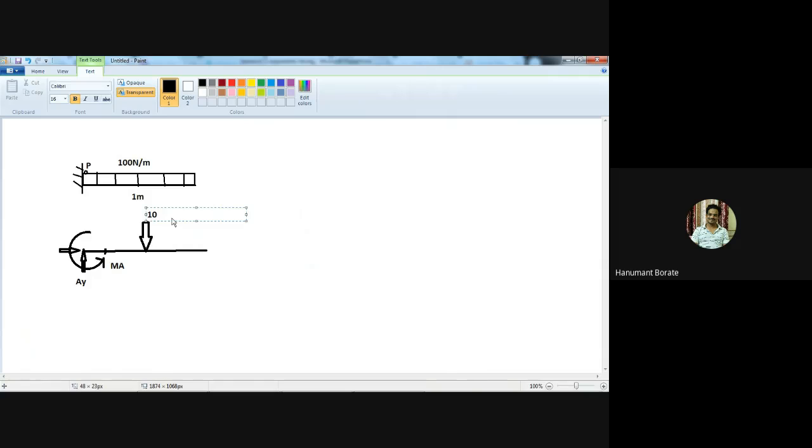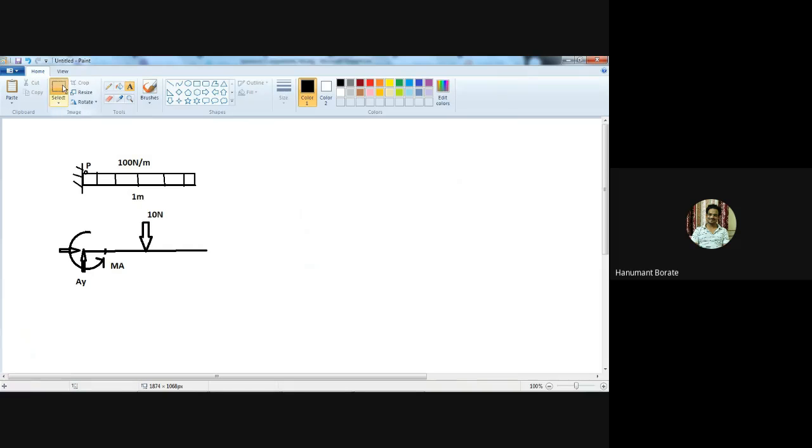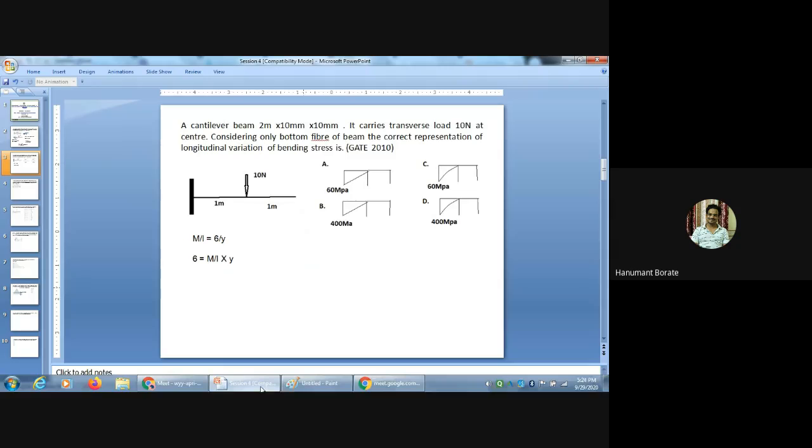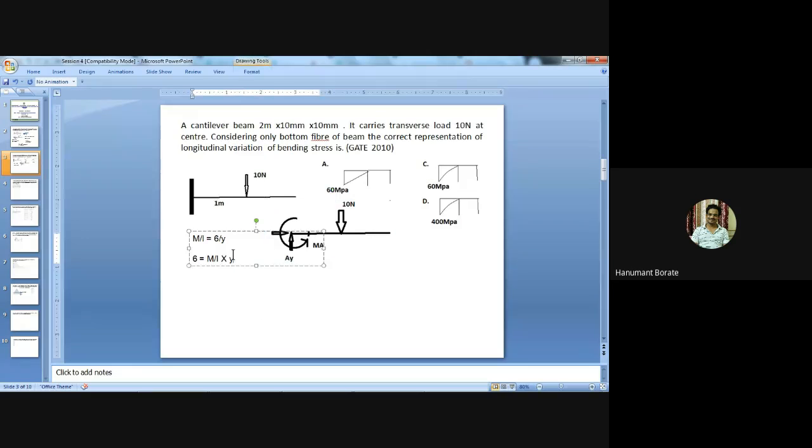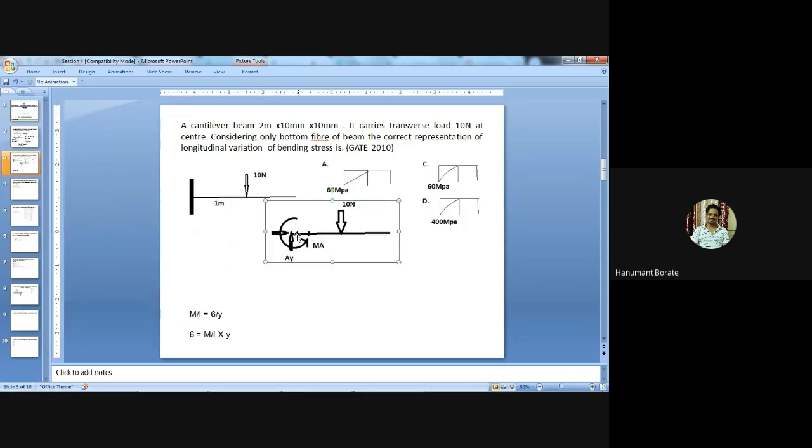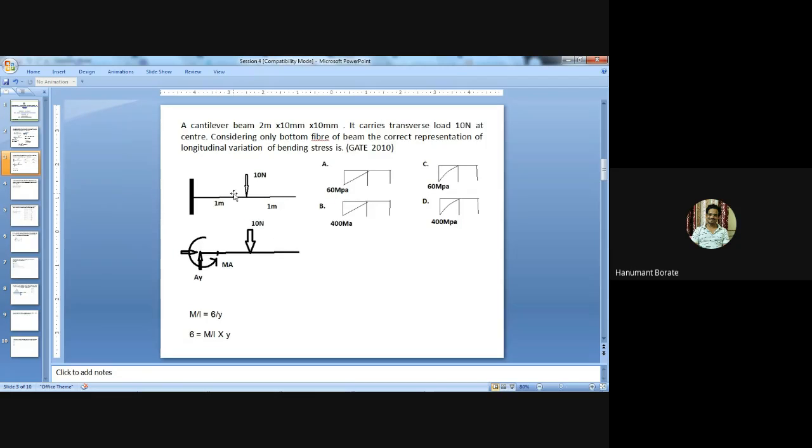But that is not a UDL here. In the earlier diagram it was a UDL load, but here a point load is given. This is a cantilever beam, meaning if we apply the load from the upper side, the upper fiber will be in tension and the lower fiber will be in compression, right?